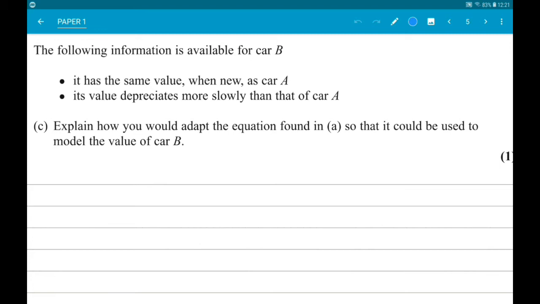So because the value is still decreasing, that part needs to stay negative, but to make it decrease slower, we would decrease 0.223.